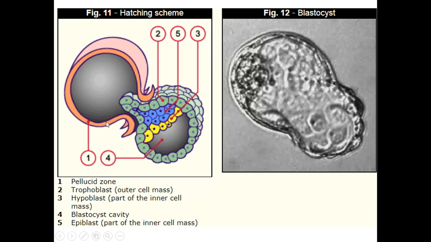This zona pellucida, which is hardened, can't bear this pressure from inside, and it hatches, breaks, and the embryo finally reaches the uterus. So now it's free.